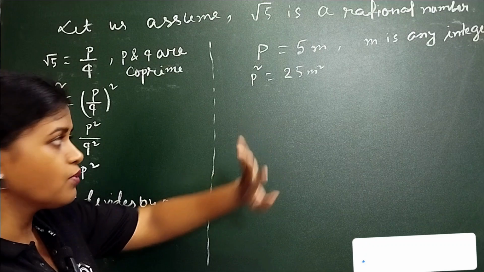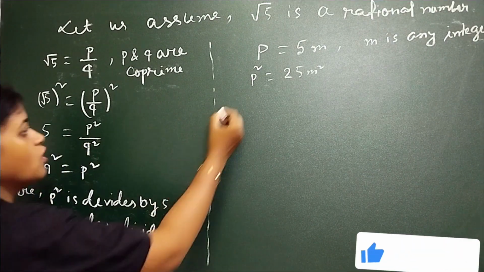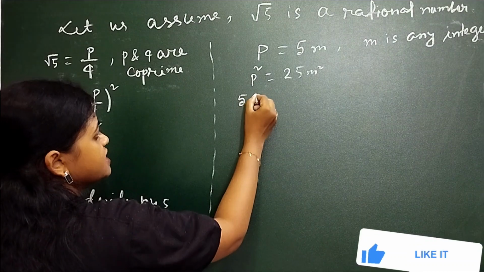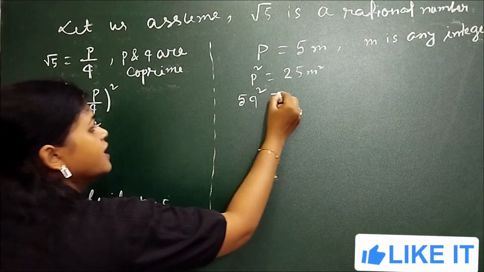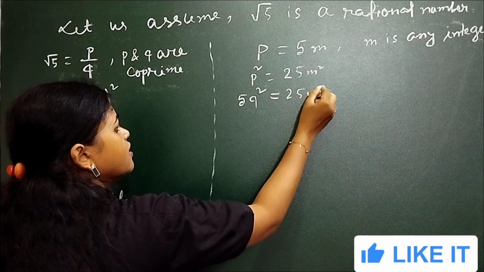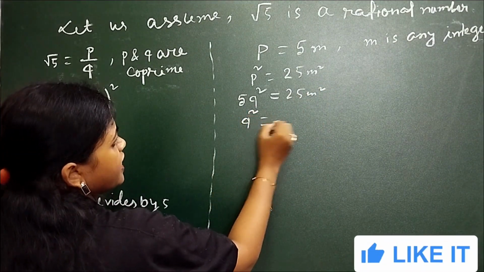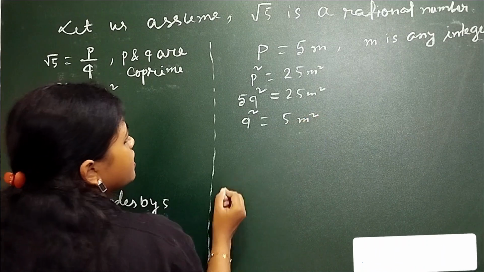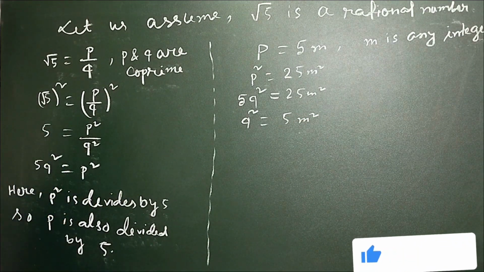We got the value of p square as 5q square, so we put that value from here: 5q square equals 25m square. Dividing by 5 on both sides, we get q square equals 5m square.